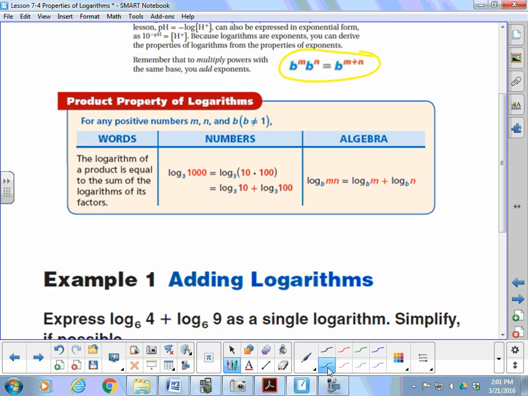So this is the product property. The log base b of m times n equals the log base b of m plus log base b of n. And they must be the same bases throughout this situation.